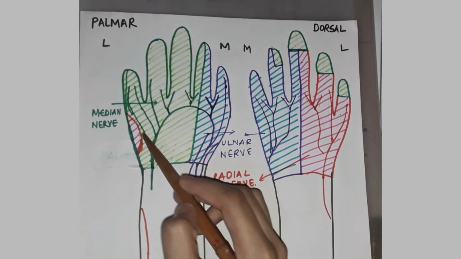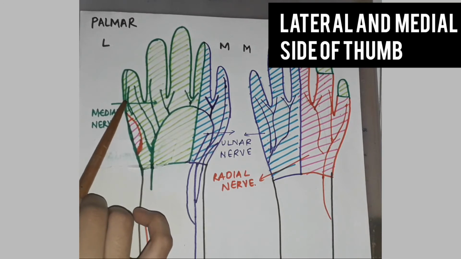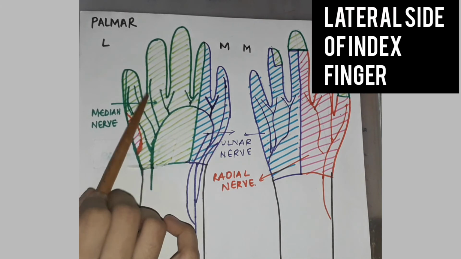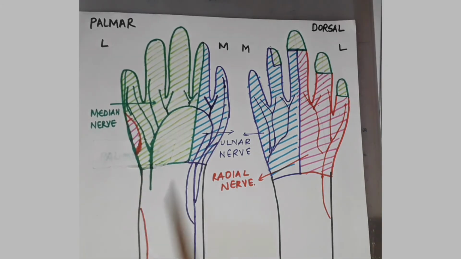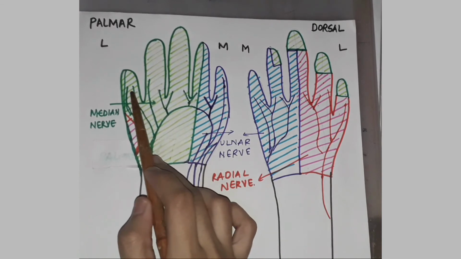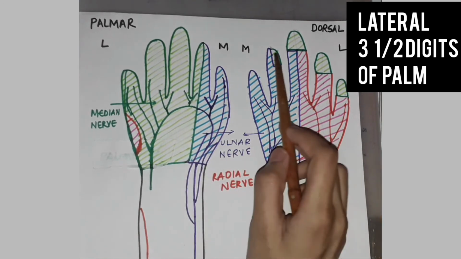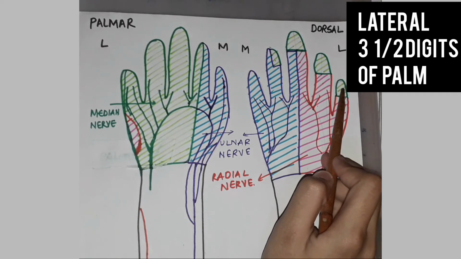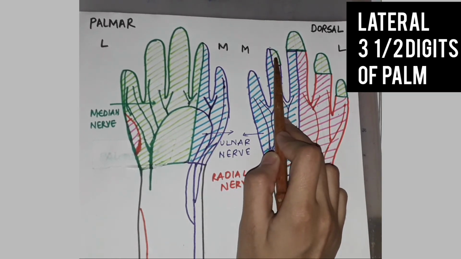The lateral three are the proper digital branches, which supply the lateral side and the medial side of the thumb and the lateral side of the index finger. So, in all, these digital branches supply the lateral 3.5 digits, including the nail bed and the skin on the dorsal aspect of the distal phalanges. This area is also supplied by the median nerve.